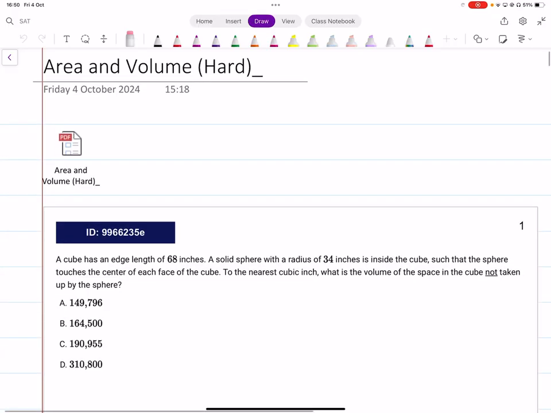Okay, now let's do the last one. Area and volume, hard questions from this PDF. So there are 3 questions that you've asked from this PDF. Question number 2, first of all.